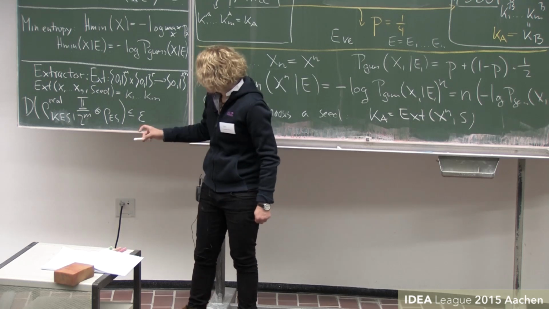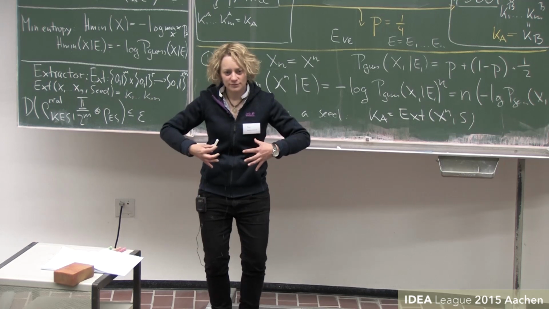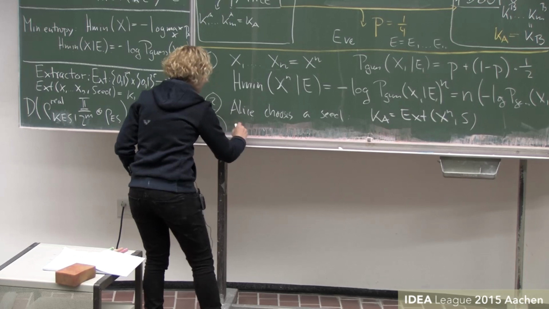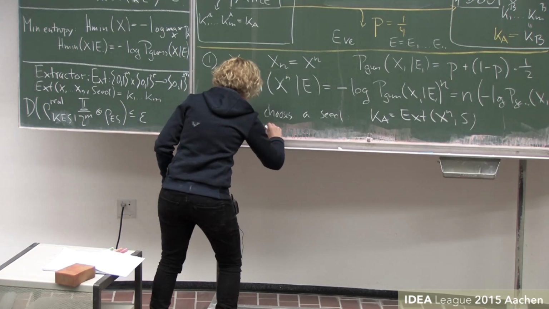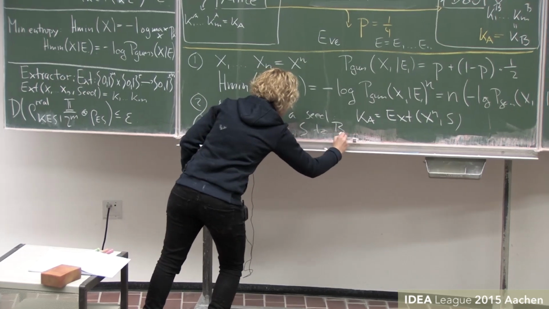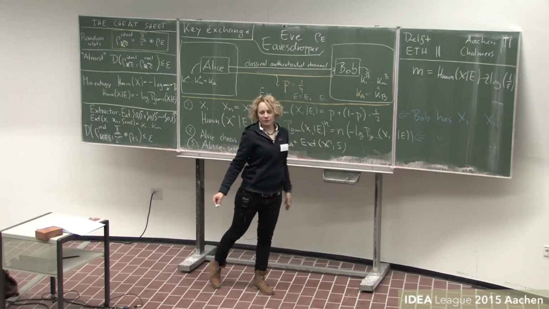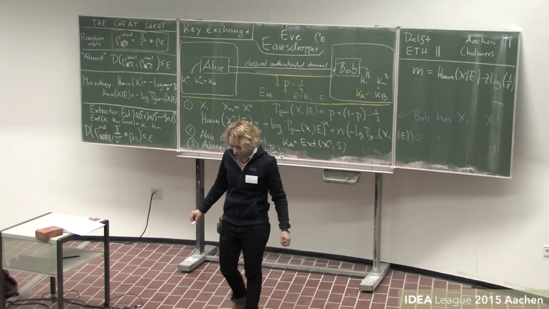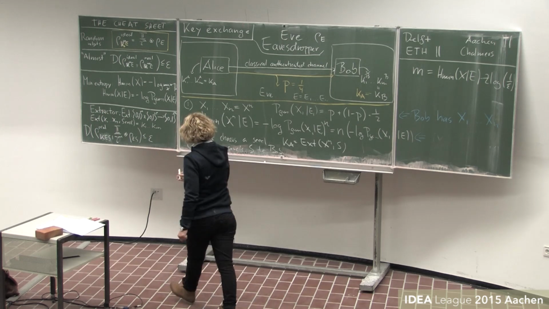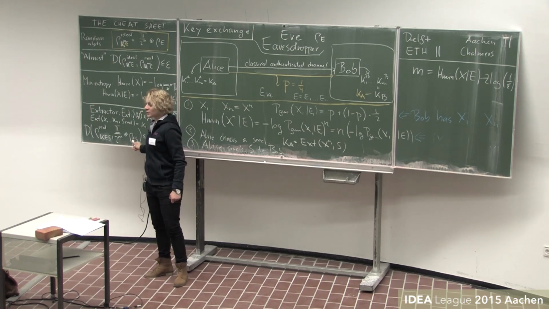So you can think that Eve had originally held this register E. Say that if Alice now sends S to Bob, and she might as well use a public channel to do that, then even if Eve learns S, so even if Eve has E and S, nevertheless the output will be uniform and uncorrelated.